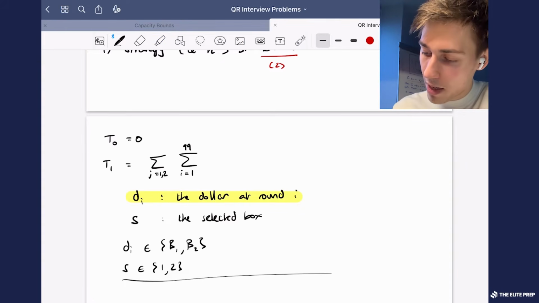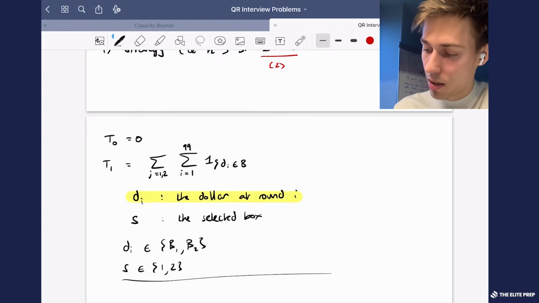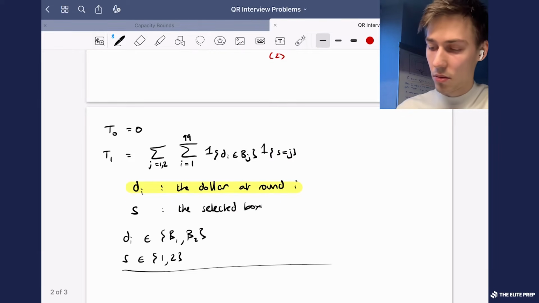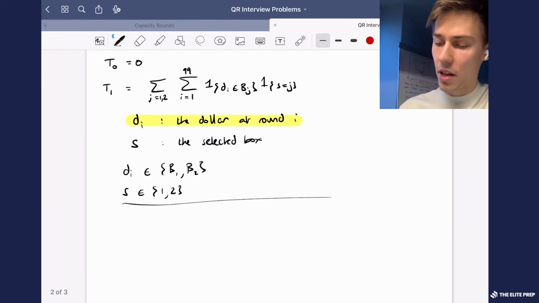And then we have two indicator functions. So we say that DI is in box J and S is equal to J. So this basically sums up over all the possible cases. So that's the random variable which we get from this situation.